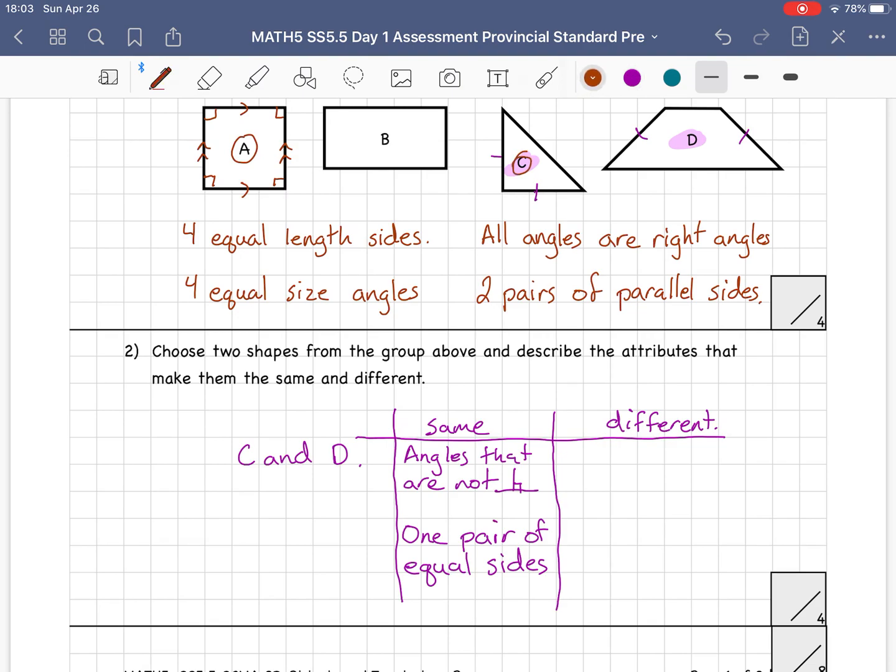Let's talk about how they're different. So I'm going to do C in orange and D in this blue. So C has 3 sides and angles, whereas D has 4 sides and angles.